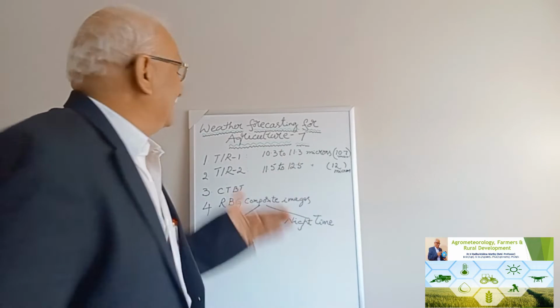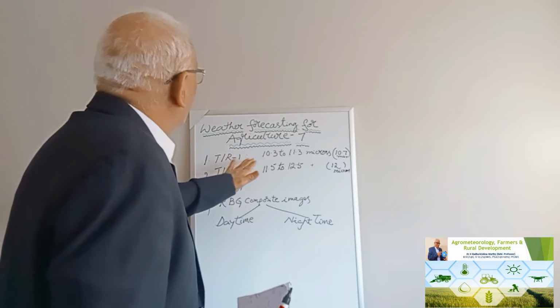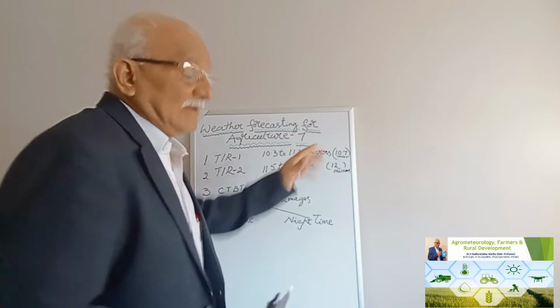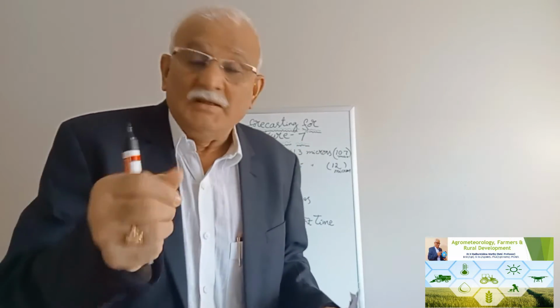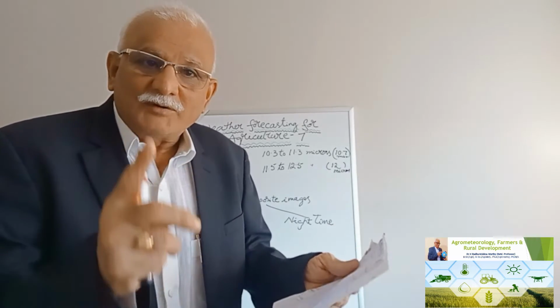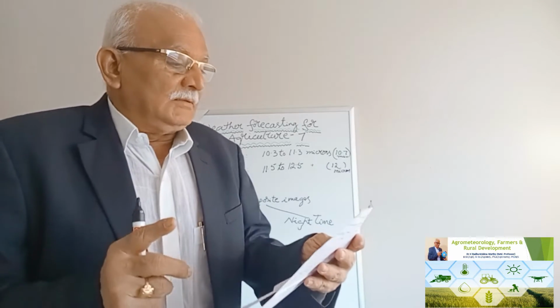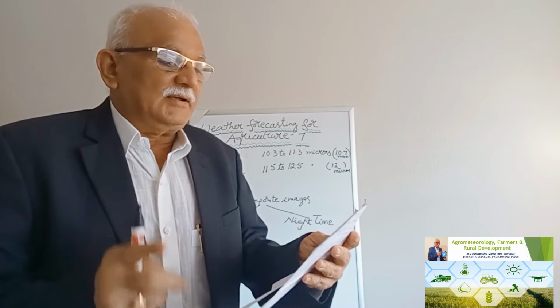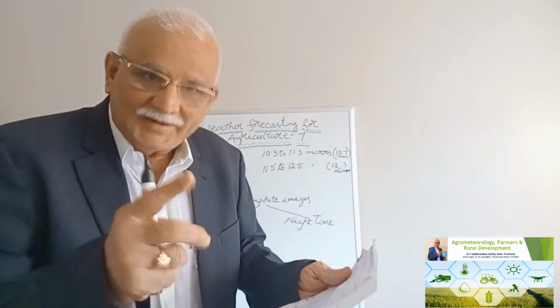We should learn it. Now, TIR thermal infrared 1, 10.3 to 11.3 microns, 10.7. What is 10.7 microns? It's called a clear atmospheric window. The band between 10.3 and 11.3 microns is called thermal infrared 1.